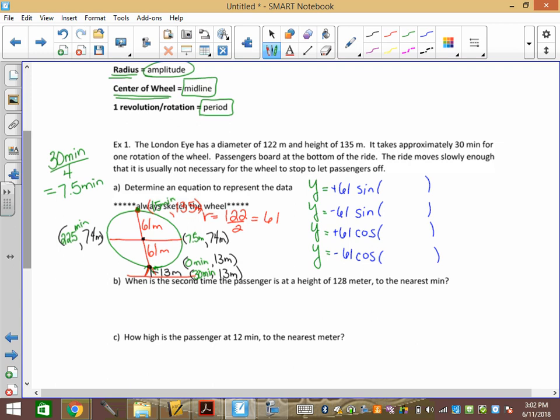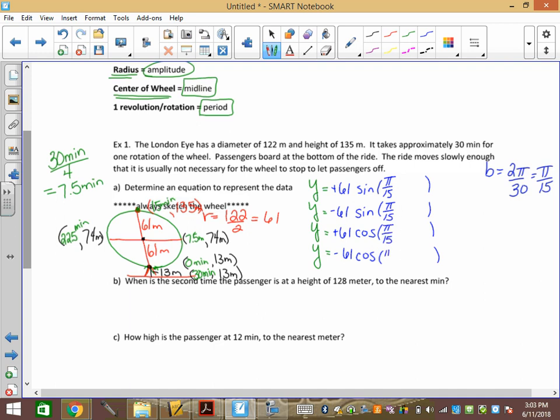What's the period of this graph? 30. What's the b of this graph? 2 pi divided by 30. Why is it radians? Word problems are always in radians. That's why. So we're going to have pi over 15, pi over 15.